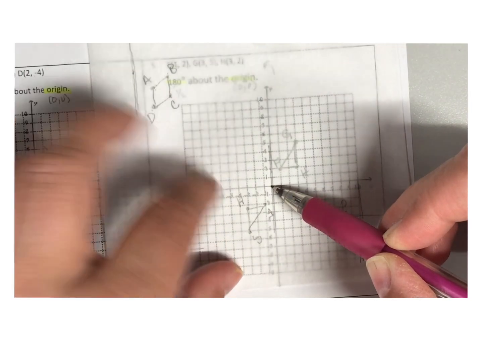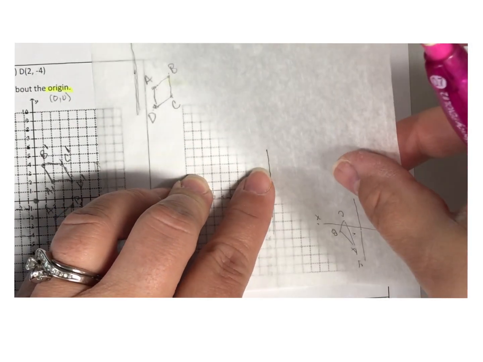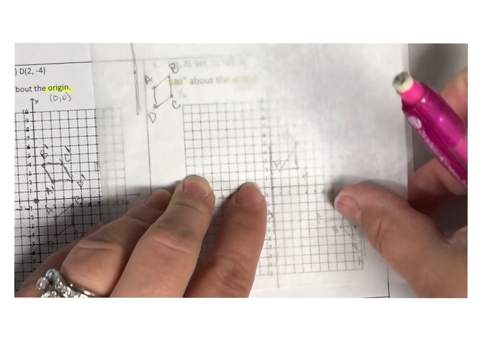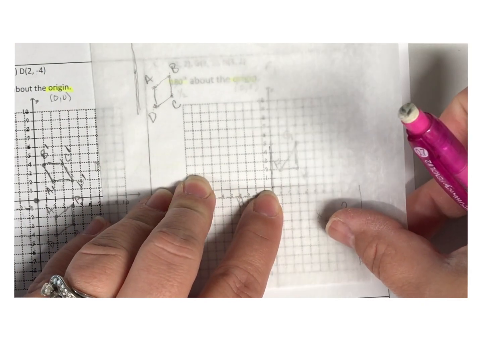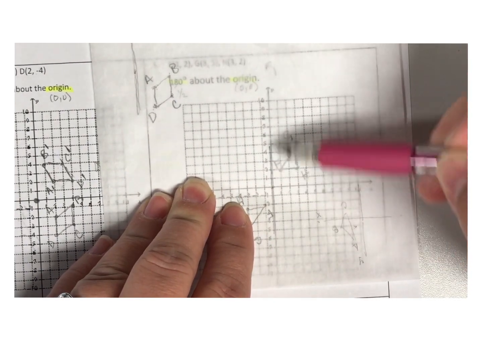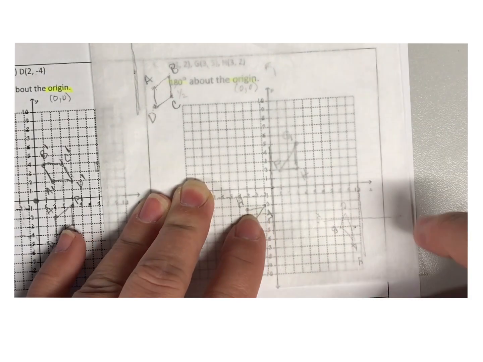So notice how my y-axis is actually back and forth, up and down, but the picture is way over here. If it would have been just a fourth of a turn, it would have been going side to side. We want this going up and down. So now this is my new picture.